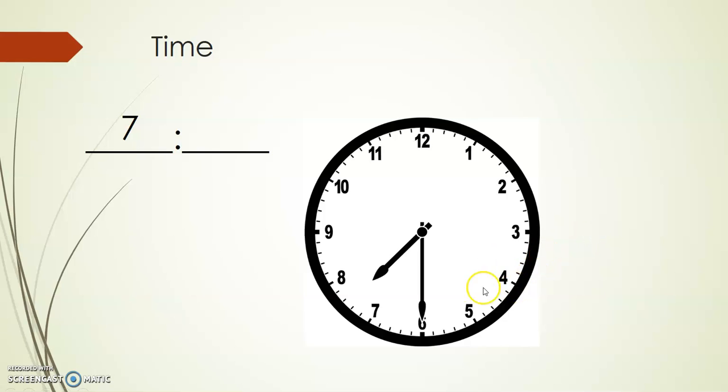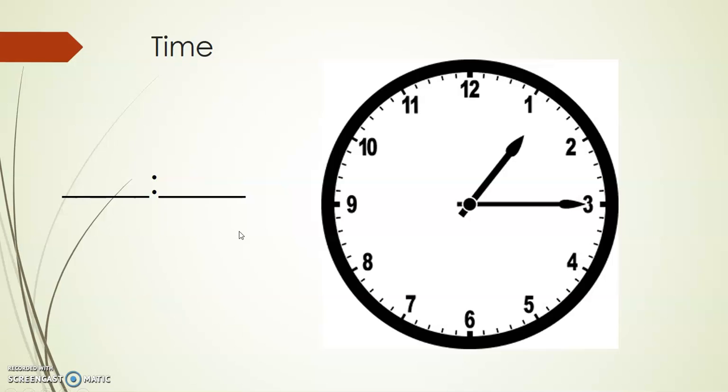But if we forget, we can start over here at the 1 and count by fives. Let's check that. 5, 10, 15, 20, 25, 30. So yes, we got to 30. So the time on this clock is 7:30. Does this time right here say 7:30? Yes, it does.